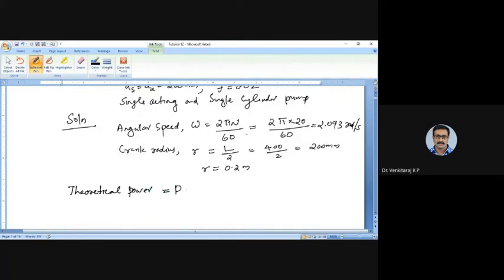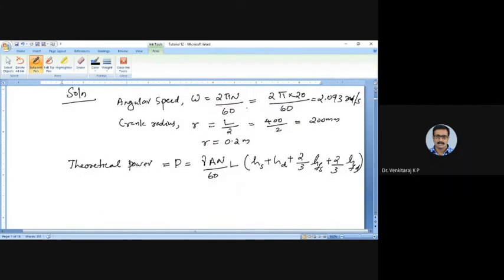P equal to gamma A N by 60 L into (Hs plus Hd plus 2/3 of HFS plus 2/3 of HFD). So this is the total head.